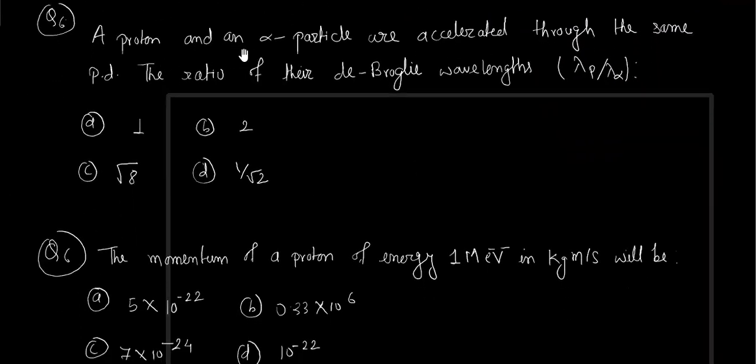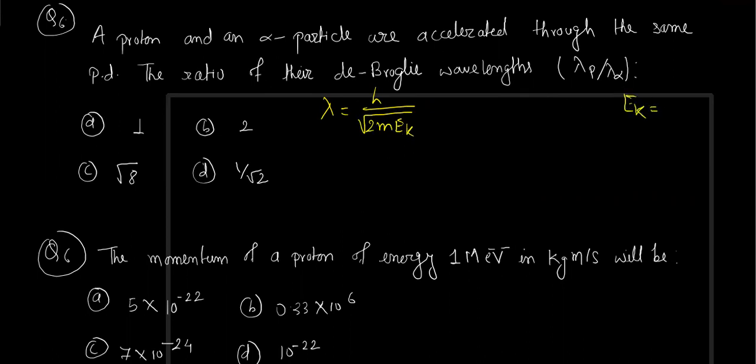Question number 6. A proton and an alpha particle are accelerated through the same potential difference. The ratio of their de Broglie wavelength. Well, let me write first the expression of de Broglie wavelength in terms of kinetic energy, and just recall this.